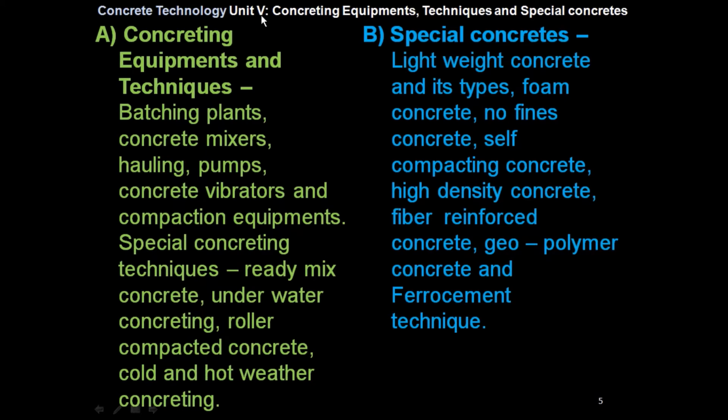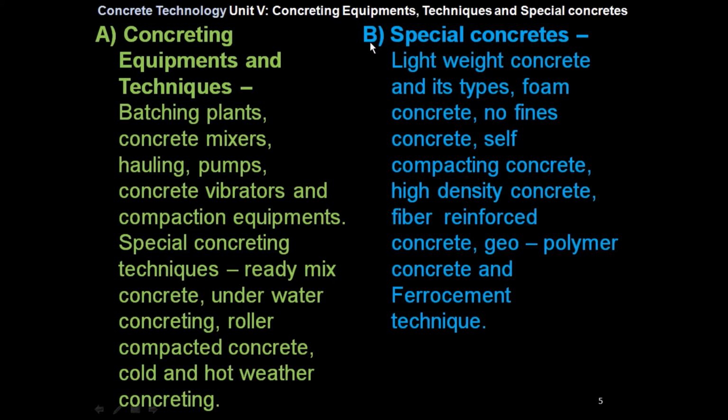The syllabus of Unit 5, Concreting Equipment, Techniques and Special Concretes, includes Part A, which has concreting equipments and techniques: batching plant, concrete mixers, hauling pumps, concrete vibrators and compaction equipments, special concreting techniques, ready mix concrete, underwater concreting, roller compacted concrete, cold and hot weather concreting.